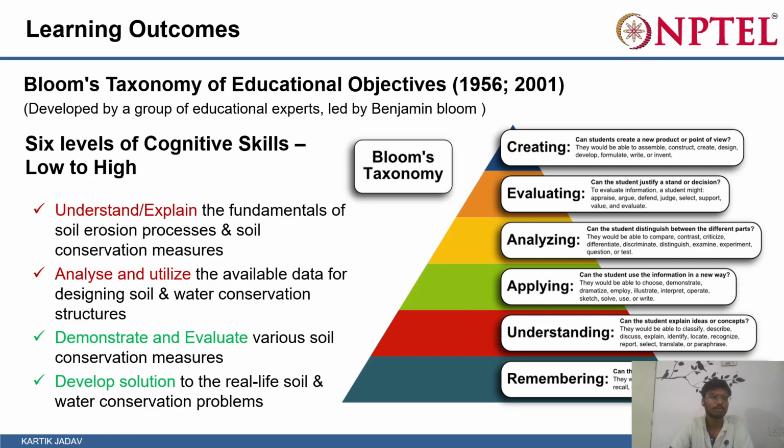If you want to learn anything, according to Bloom's taxonomy of educational objectives, there are six learning steps or cognitive skills that give us the learning level from low to high. First, you need to remember some basic fundamental things.